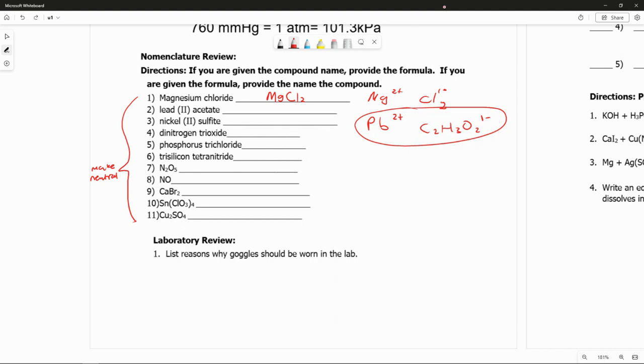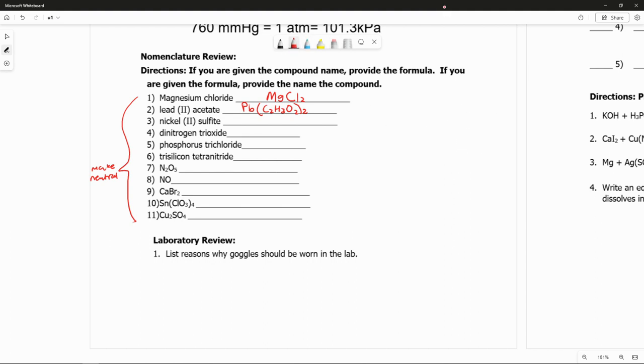Therefore, our formula is going to be Pb, which has a 2 plus charge, and (C2H3O2) in parentheses with a 2 subscript. The acetate has a 1 minus charge, lead has a 2 plus charge, and so we are doubling the acetate into a negative 2 charge in order to cancel the whole thing out and become neutral, 0.